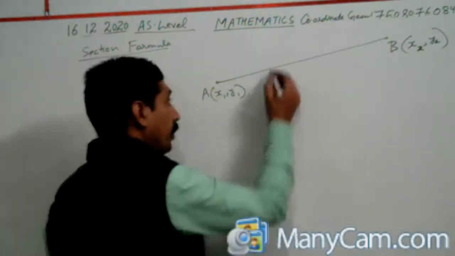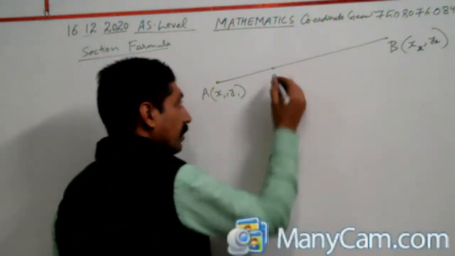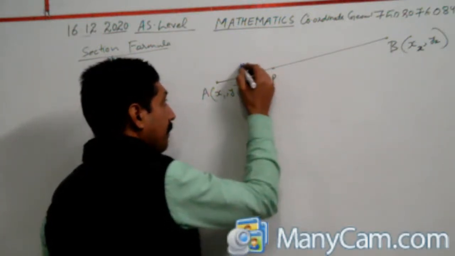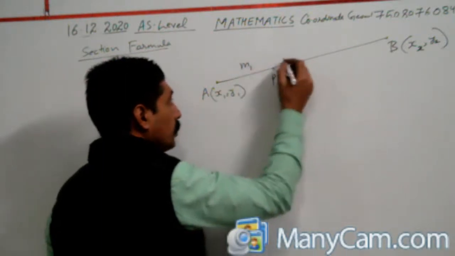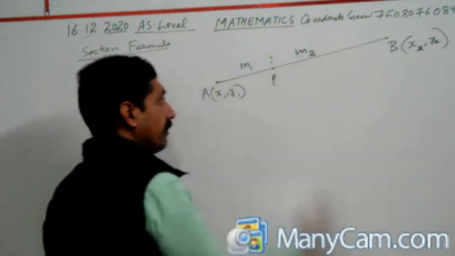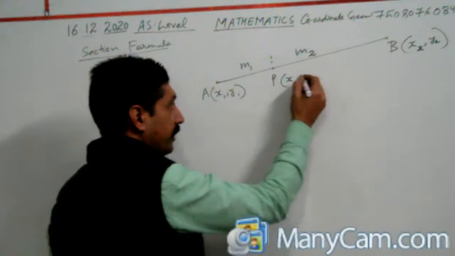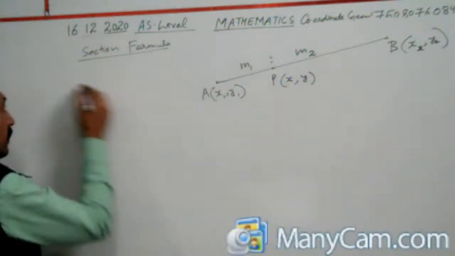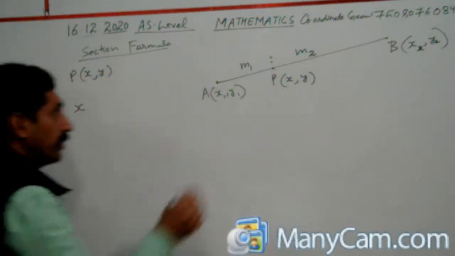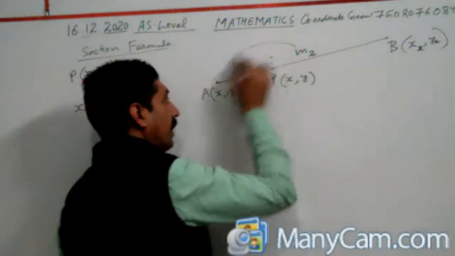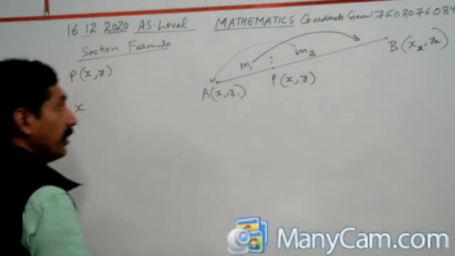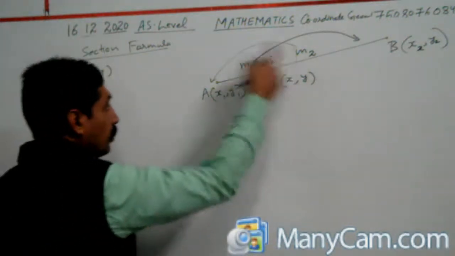Now, if there is any point P whose coordinates we want to find, and it is given that the ratio is m1 to m2, then we can find the coordinates of this point P, x, y. x is always equal to m1 with x2 and m2 with x1.